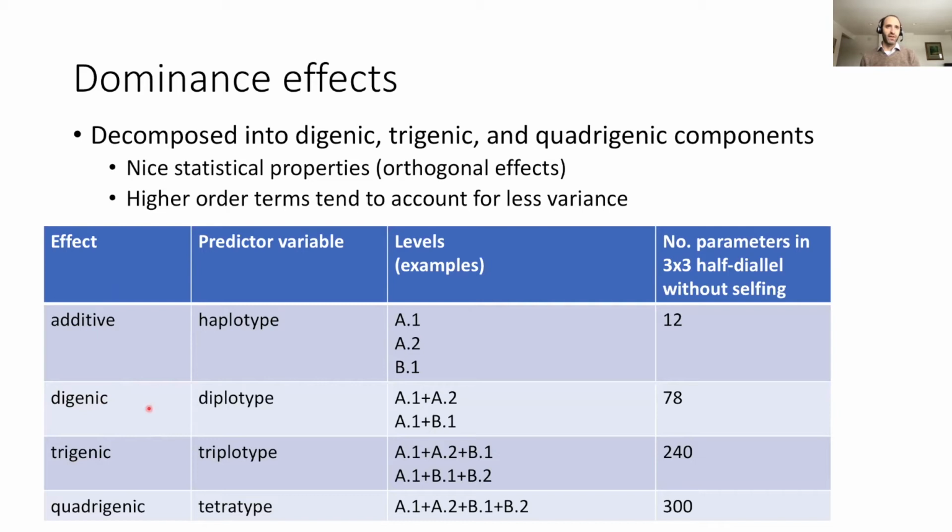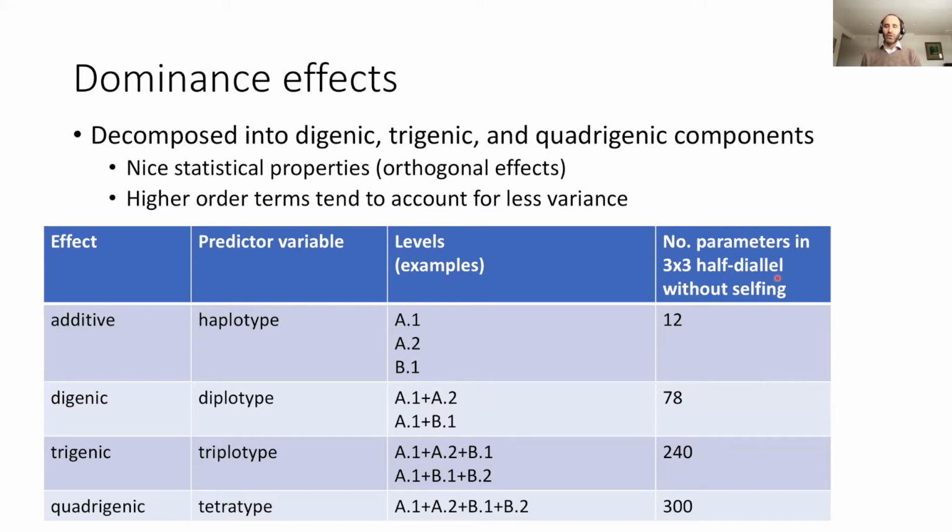For a digenic effect, the predictors are diplotypes, etc. And the third column is just showing you specific examples. If the parents are A, B, and C, the nomenclature we're using is a period and then a number after that to indicate whether it's the first, second, third, or fourth haplotype of a parent. So these are all examples of haplotypes. If you add 2 haplotypes together, you get a diplotype. Put 3 together, you get a triplotype, etc.